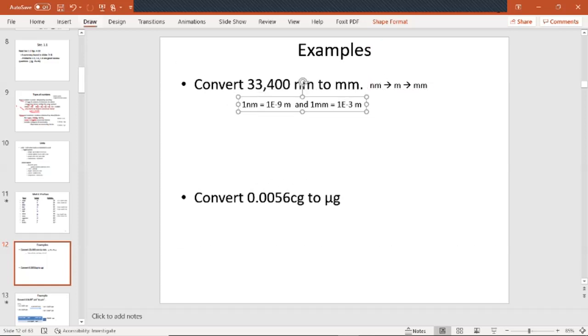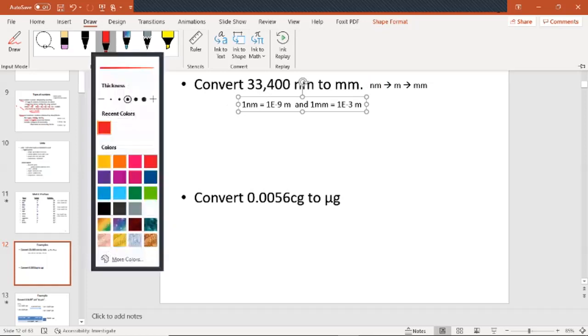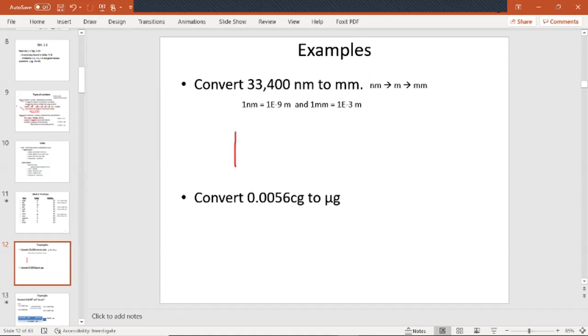So now I'm going to draw my train tracks and set up the problem. So the 33,400 nanometers, I'm going to write in scientific notation, just so it's a little bit easier.